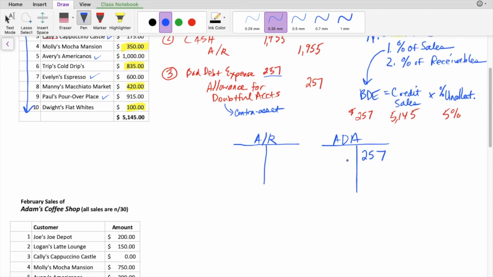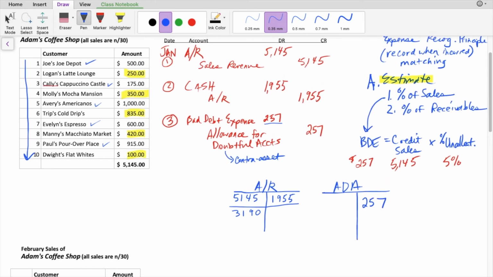And my accounts receivable, after collecting those amounts that I said I collected, started out with $5,145. I collected $1,955. So my accounts receivable balance now is $3,190 going in to February.